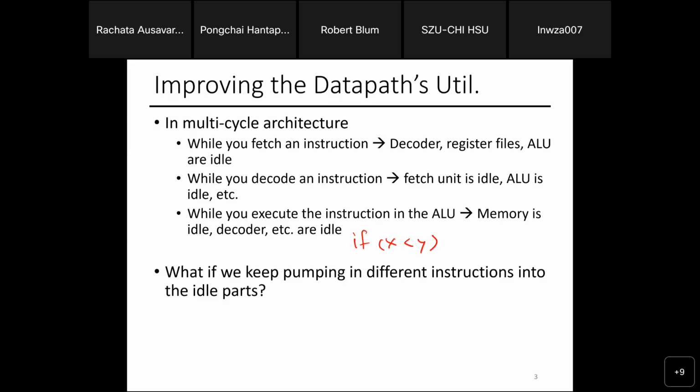Now you see another problem, right? When I try to do pipelining, how early can I know the result of my comparison? Not until I hit the ALU, which means I have been through the fetch, I have been through decode, then I'm in the ALU. Then I would assume I kind of know the result, right?